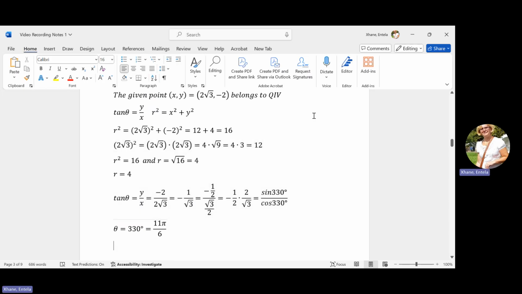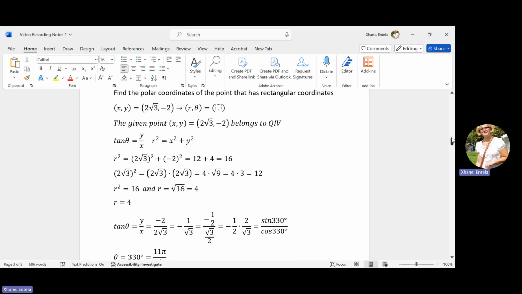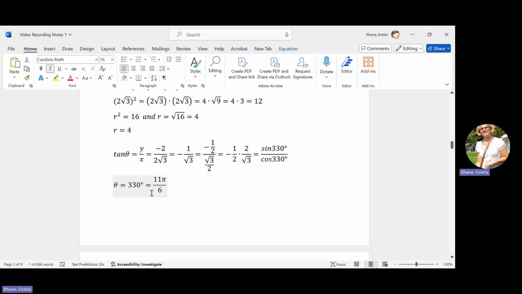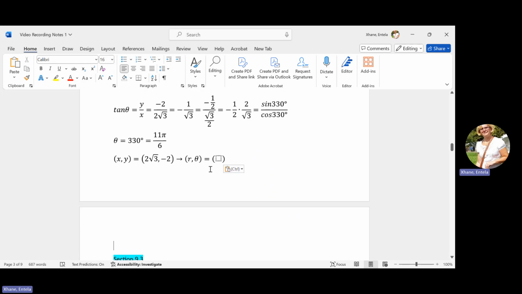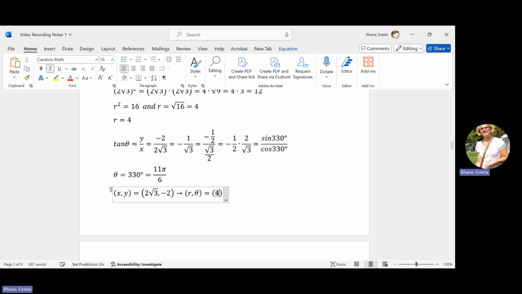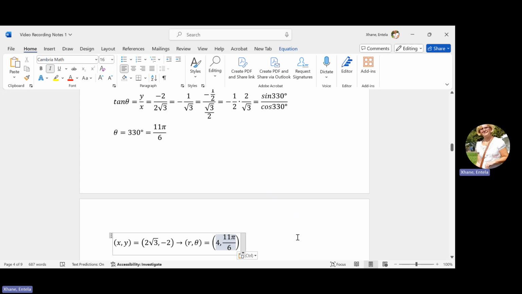So now I'm ready to write the point. This is where we are. So we just converted the rectangular coordinate, x and y, a point in the fourth quadrant, into a point that has coordinates in the polar system, still in the fourth quadrant, but now the coordinates are given as 4, 11 pi over 6, or you can use 4, 330 degrees.